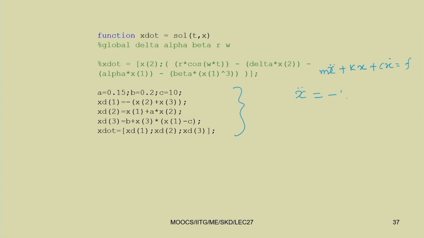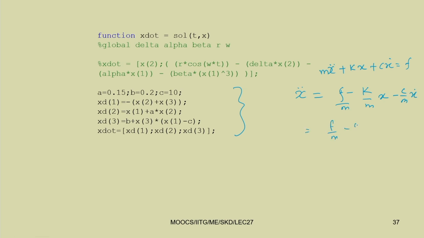So, x double dot equals f by m minus k by m x minus c by m x dot.